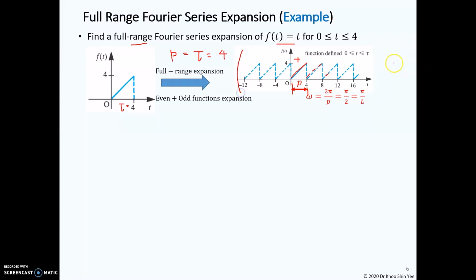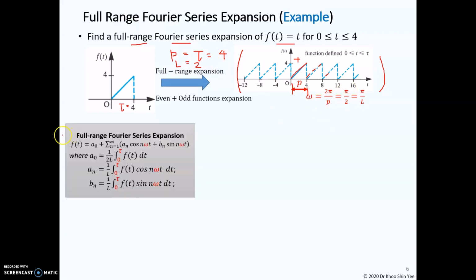So this is the Fourier function that we obtain from the full range expansion, where you have half period L equal to 4 over 2, which is 2. And then omega is equal to 2 pi over p. Substitute p equal to 4 inside, we obtain pi over 2. Next, we can apply the full range Fourier series expansion by using this formula.